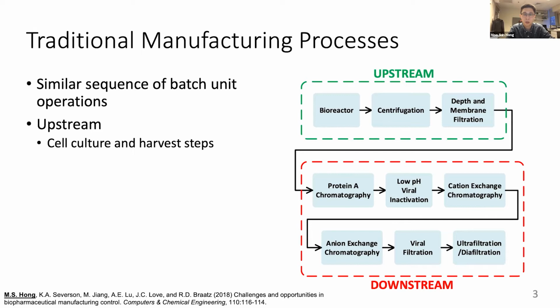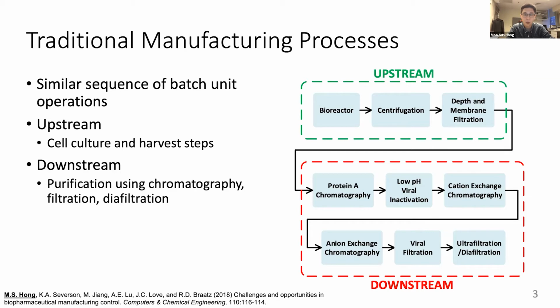The upstream unit operations include the cell culture with a series of batch bioreactors, which is for the protein expression, and the harvest steps, which are for removing cells and cell debris. Here it is centrifugation and filtration unit operations. And the downstream consists of purification with multiple steps of chromatography, as you see here and here and here, and also the filtration and diafiltration unit operations.